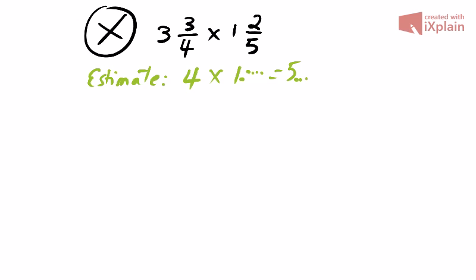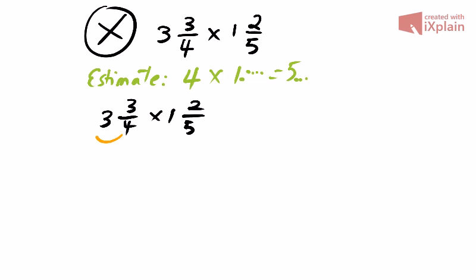Just like adding and subtracting, the mixed number is not the best form for us to operate with. So every time we have a mixed number, we will change it into an improper fraction to be able to do the calculation in a very easy way.